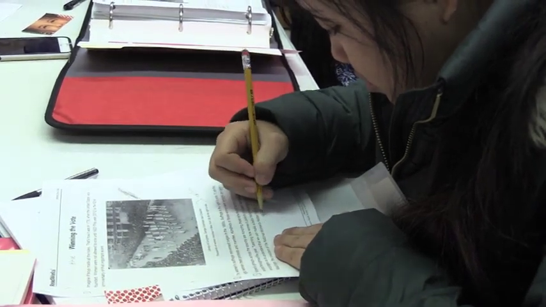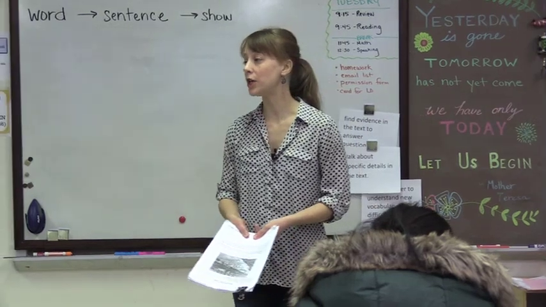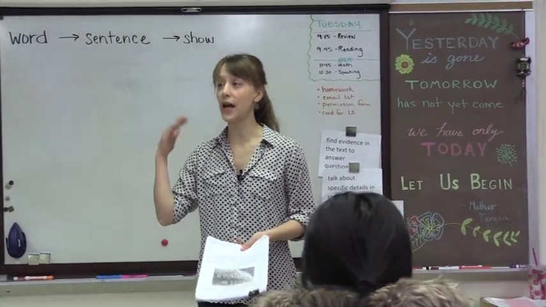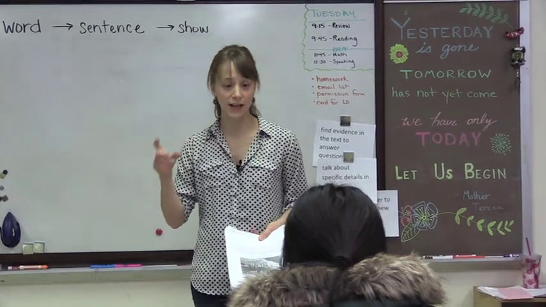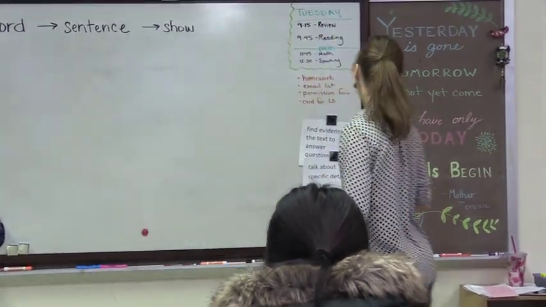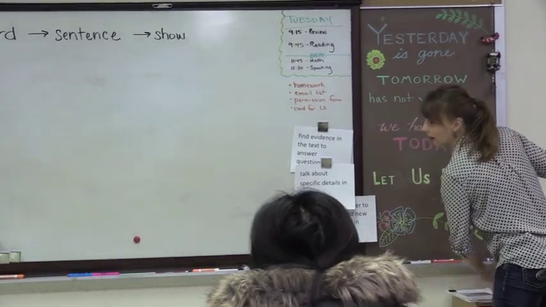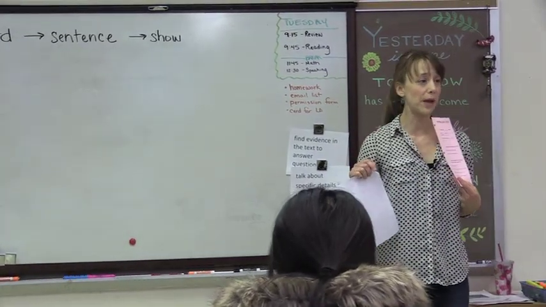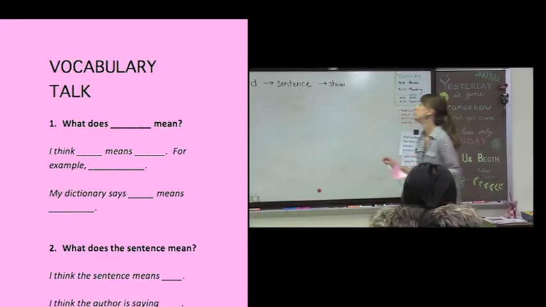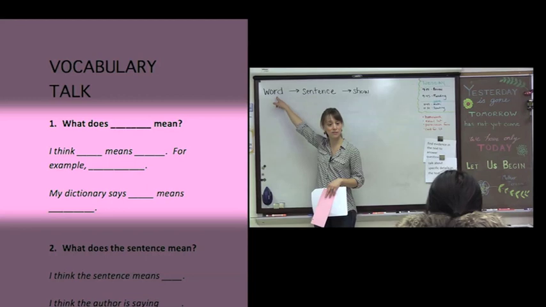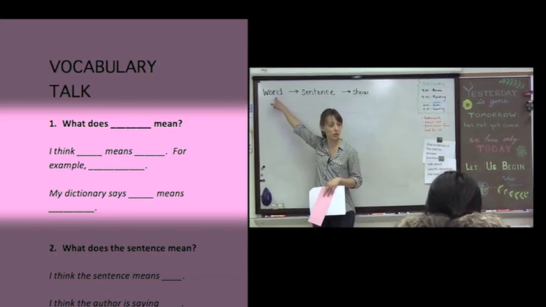So what we're going to do next is we're going to get into small groups and work through the text one paragraph at a time. As you work, I'd like you to use your pink paper to help you think about first, what does the word mean, if it's a new word that you don't know.